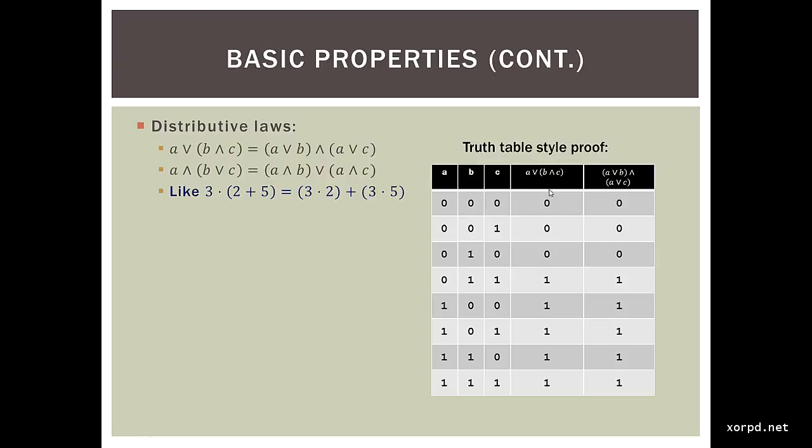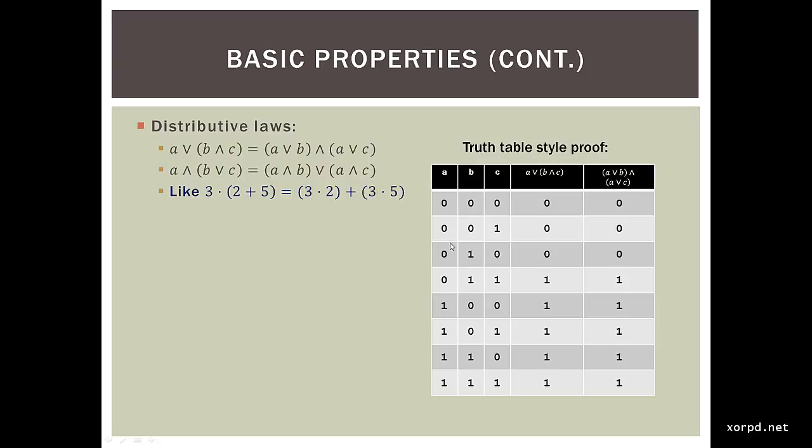For this expression, A or B and C, we get 0 or 1 and 1, which results in 0 or 1, which is 1, just like listed here in the table. The other expression, the right-hand expression in the equation, is A or B and A or C.